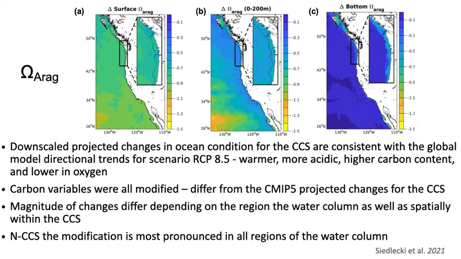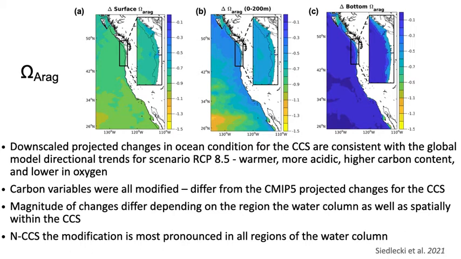The middle panel shows the change, future minus present, averaged over the upper 200 meters. The far right shows the bottom conditions. So this is the change in 3 different regions of the water column: the surface, the entire 200 meters, and the bottom.